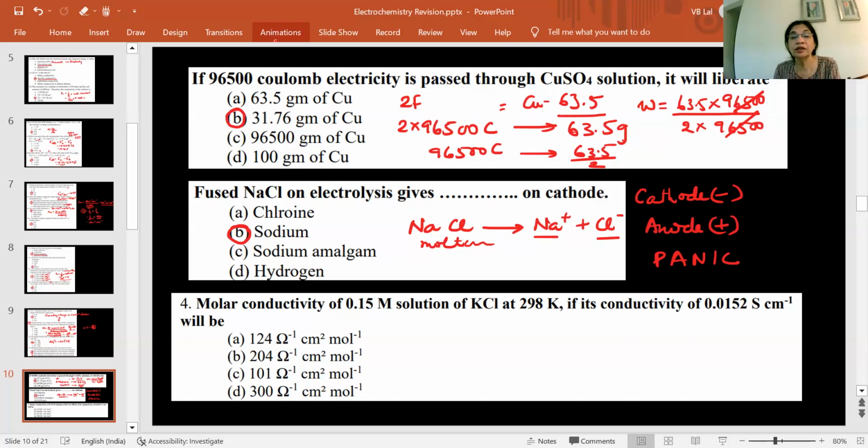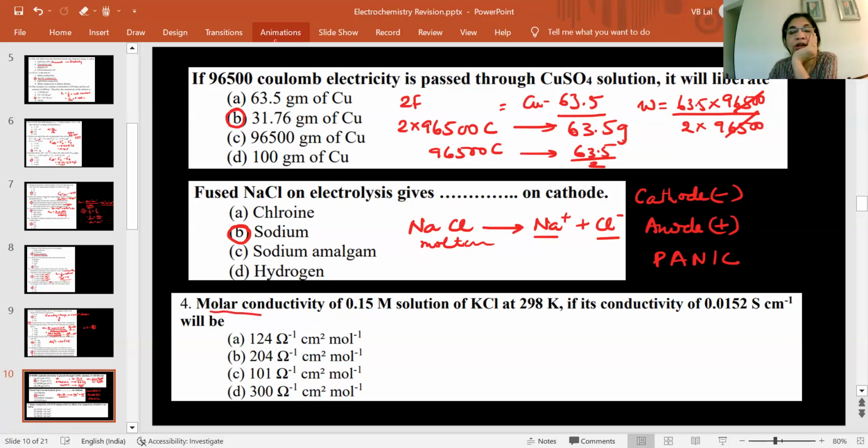Now, the molar conductance of 0.15 molar solution of KCl is to be found if its conductivity is given.